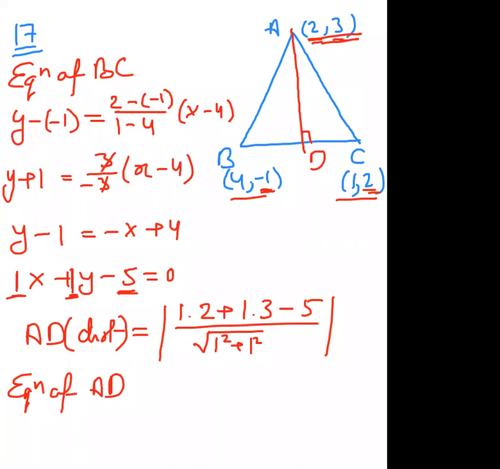The slope of BC, from here I am writing, slope m equals minus A upon B. So the slope of this line is minus 1. Its slope will be 1 because the product of slopes of two perpendicular lines is minus 1.